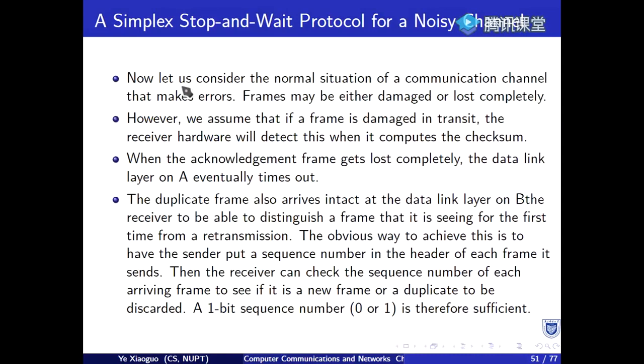Then let's consider the normal situation of a communication channel that makes errors. That means the channel may be noisy and not reliable, so frames may be either damaged or lost completely. However, we assume that if a frame is damaged in transit, the receiver hardware will detect this when it computes the checksum.